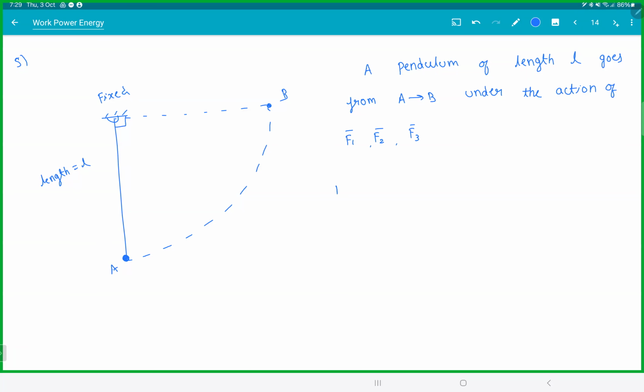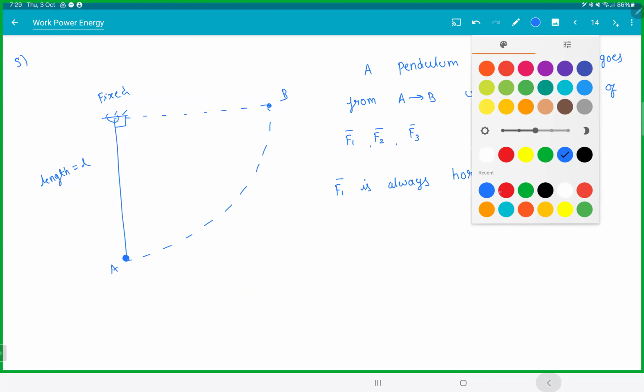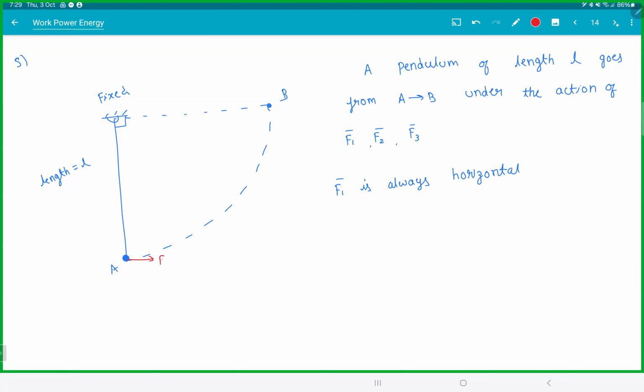Now, what are these three forces? So first one, F1 bar is always horizontal. Meaning when this guy is going from A to B, this is F1. When it is here, this is F1. When it is here, this is F1. So every instant F1 is acting horizontally.